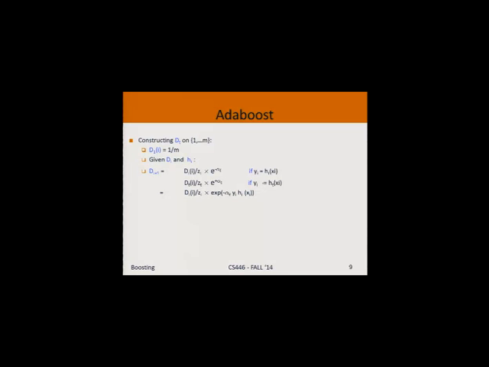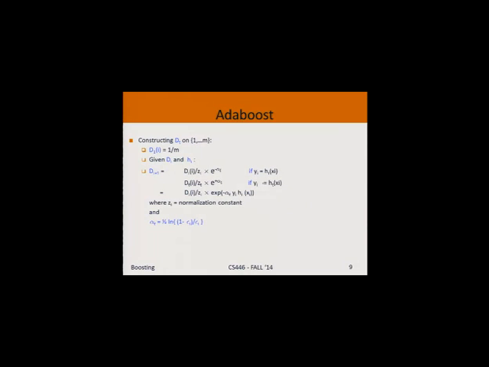What is the product yi ht of xi? If I made a mistake, what is this product? Minus 1. And therefore I get plus alpha t. If I did not make a mistake, then this is positive, so I get minus alpha t. So basically, this is just a rewriting of these two lines.